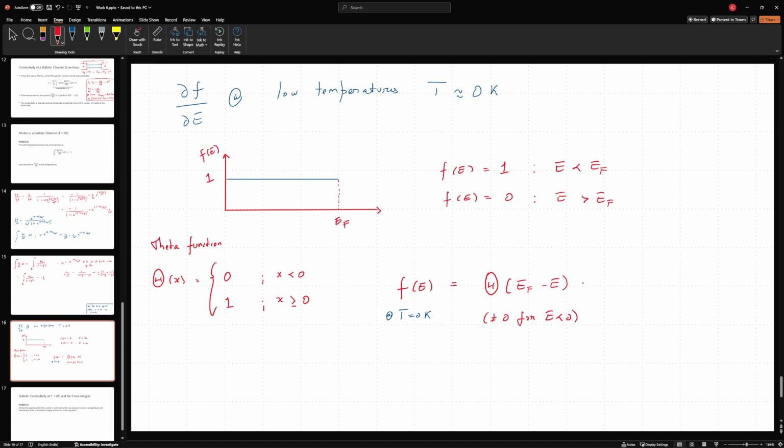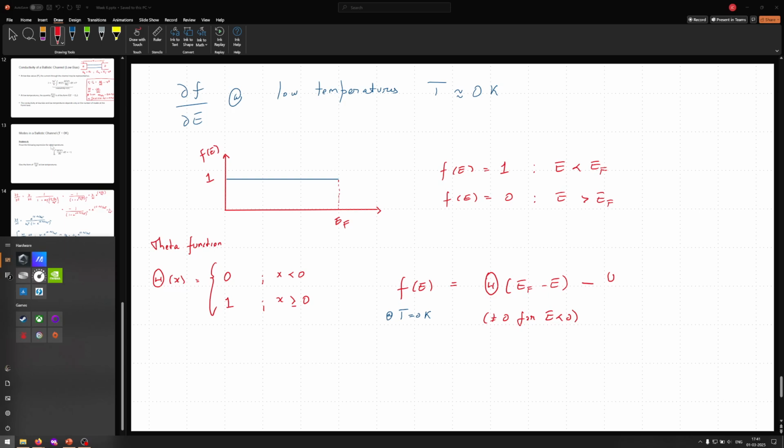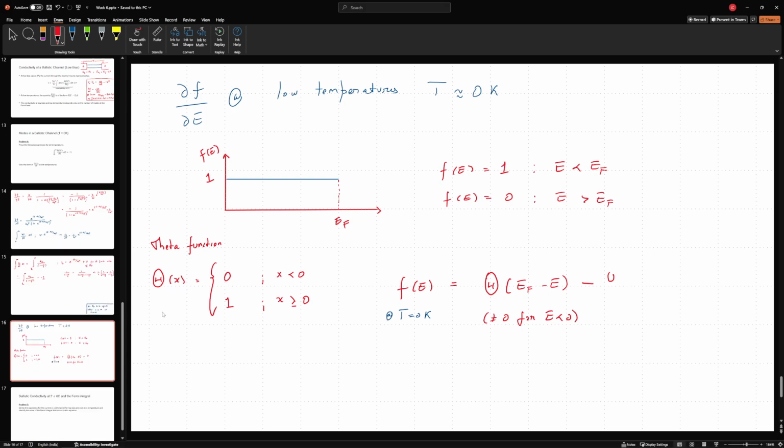To do that, what I'm going to do is subtract from this, theta of minus E. Okay, I'm going to do this.